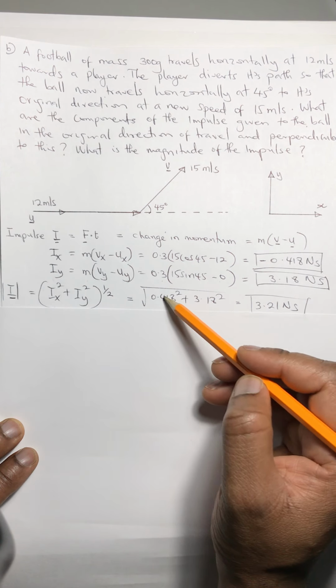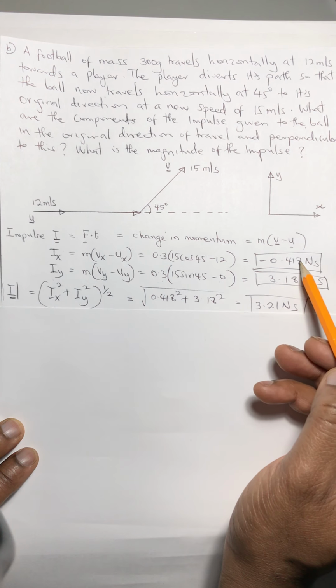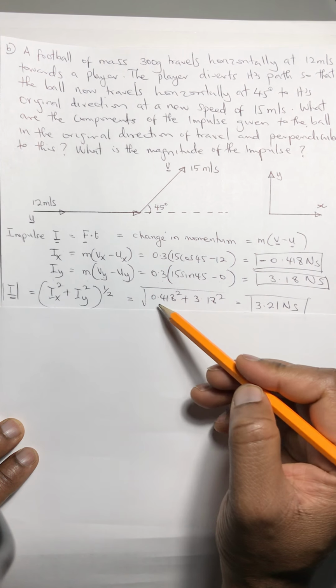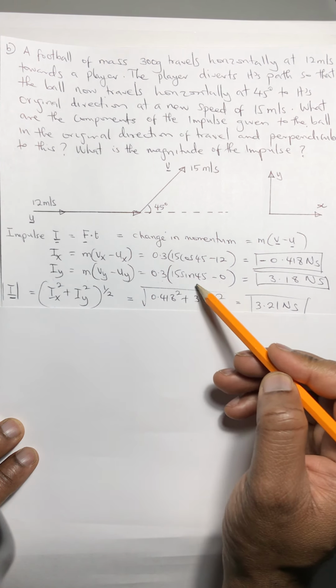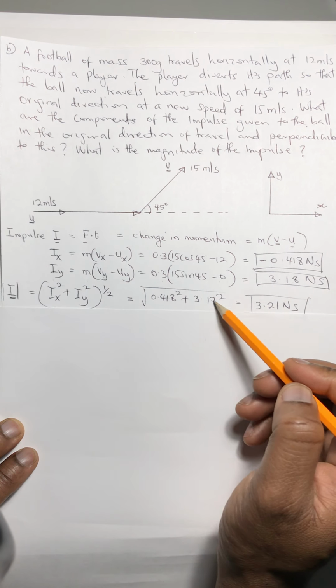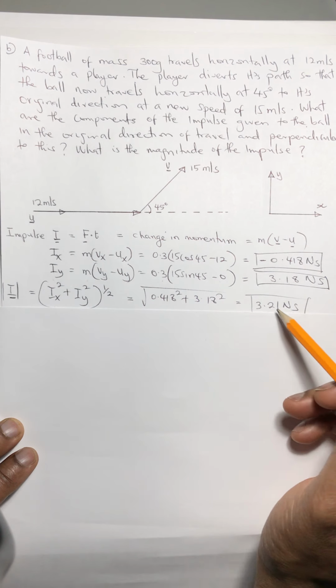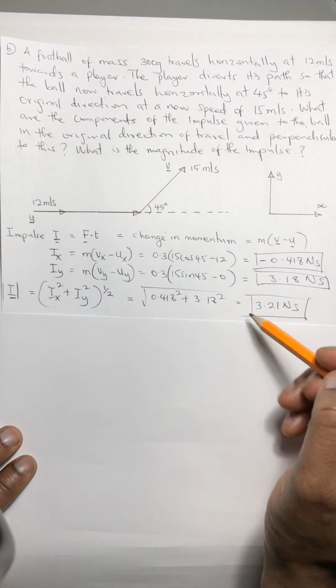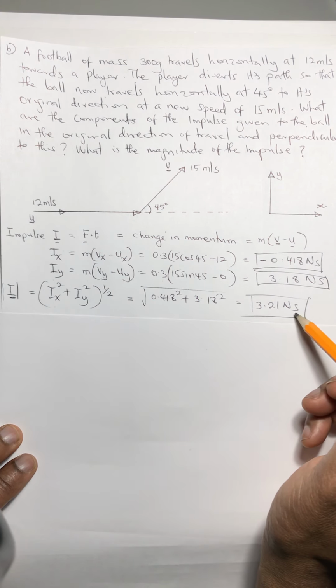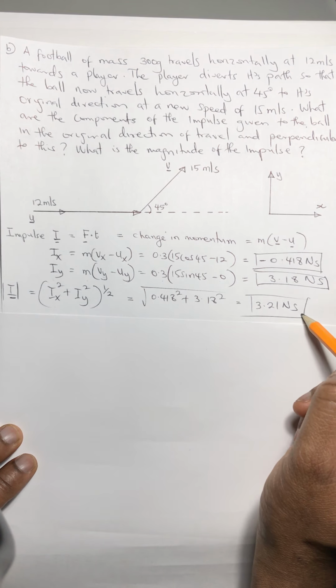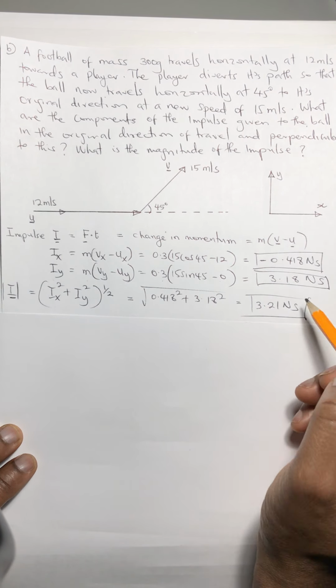Now, we have our horizontal 0.418 squared plus our vertical reference 3.18 squared, then all in square root, which gives us 3.21 Newton seconds, which is our outright impulse.